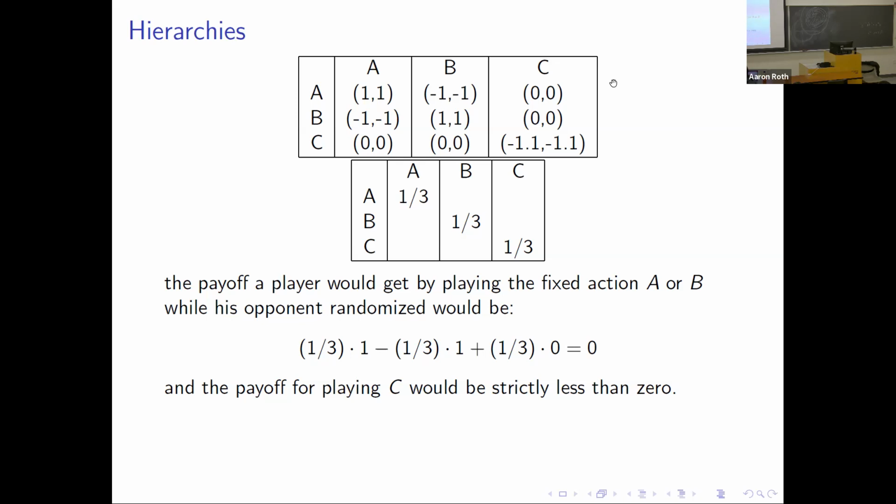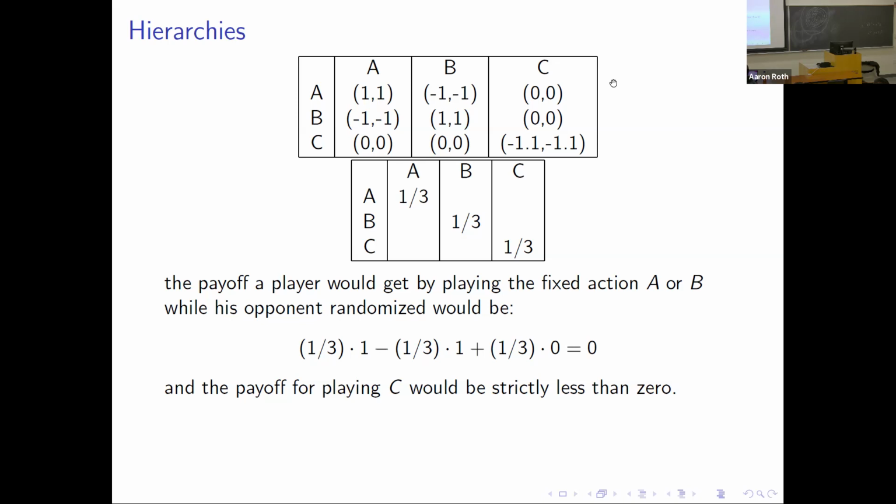So what happens if I play a fixed action? I could play A while you randomize like this. But in that case, a third of the time I'd get payoff 1, a third of the time I'd get payoff -1, and a third of the time I'd get payoff 0. And so my payoff for playing A would just be 0. Similarly, my payoff for playing B would just be 0. And for playing C would be negative.